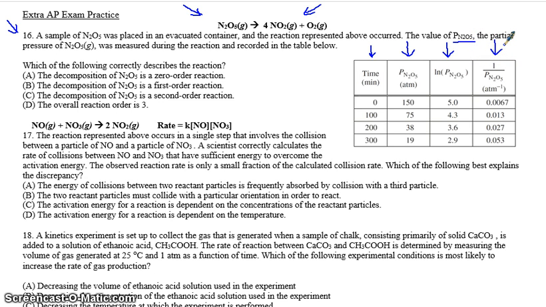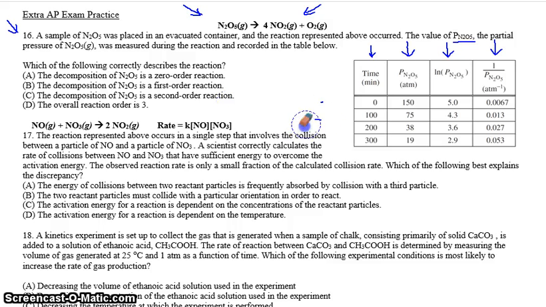Now remember, we graphed these. So for example, for the first one we did time versus just the pressure, and then we saw the curve, then we did the ln of pressure, and we got a straight line, and so forth. So that's essentially what they're referring to here.